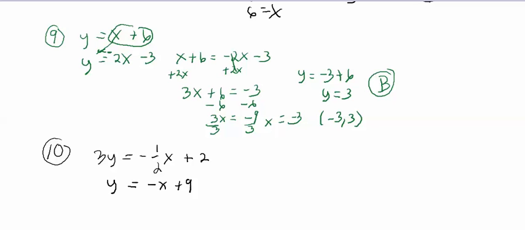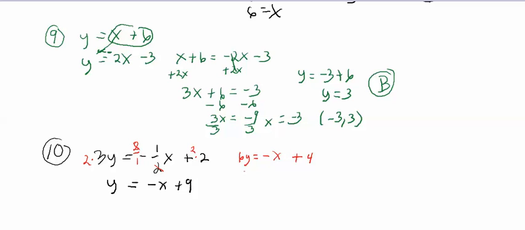I am going to get rid of the fraction by multiplying everything by 2. 2 over 1, 2, and a 2 here. So now I have 6y is equal to, cancel this out, negative x plus 4.